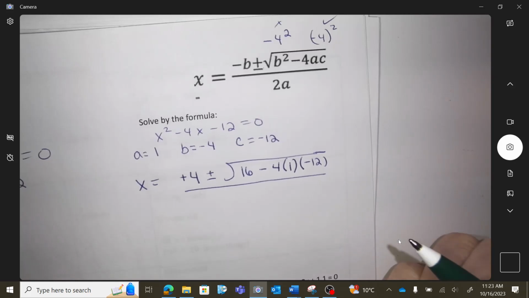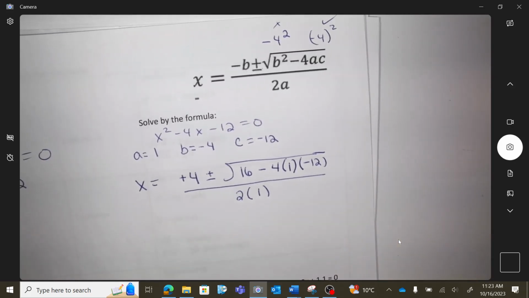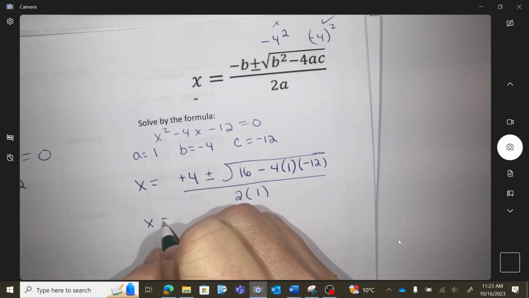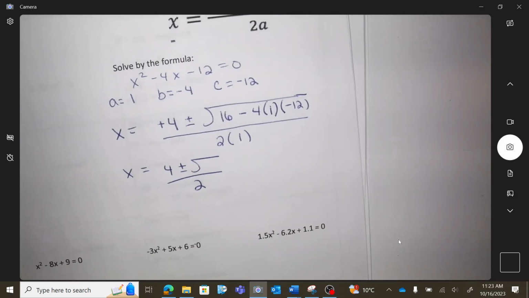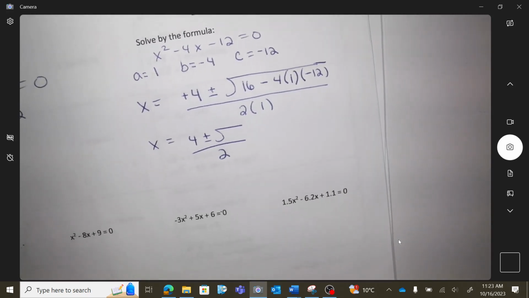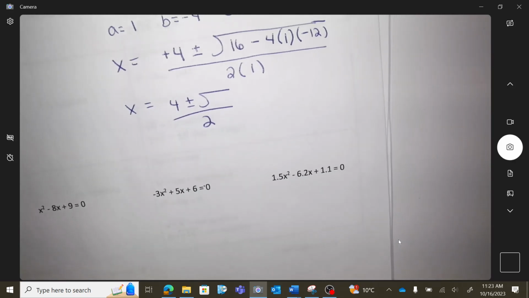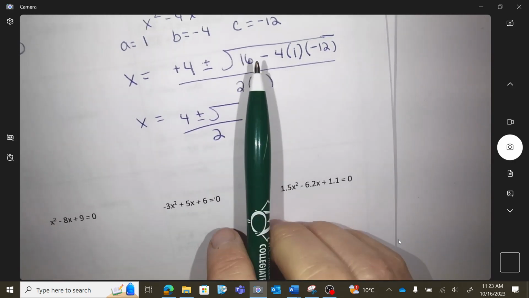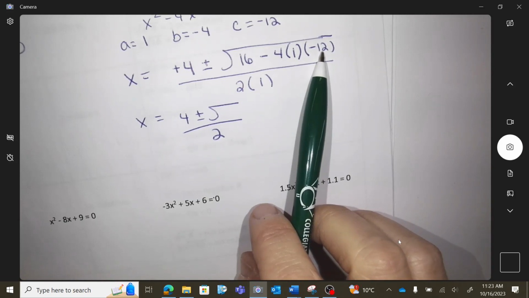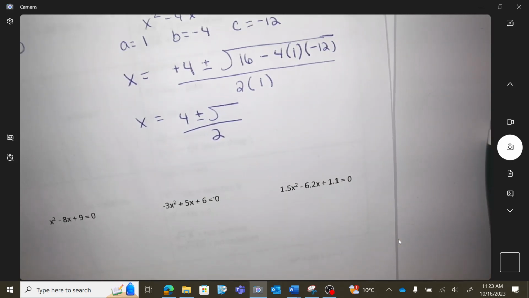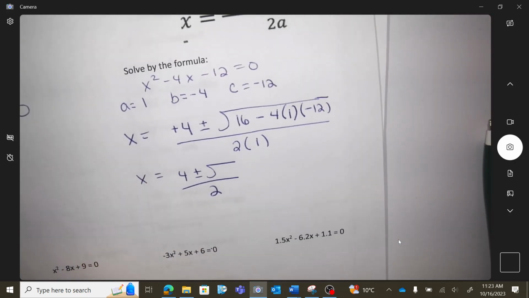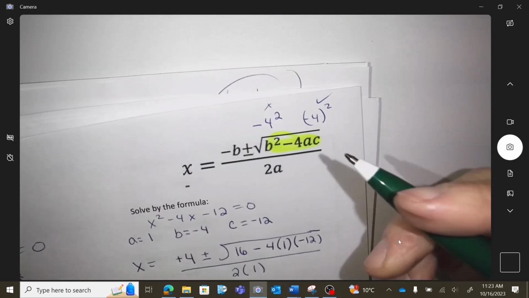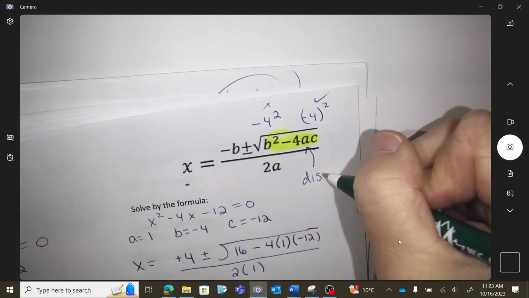All over 2 times the A number. Okay, so there's a 4, the bottom is 2, and then I'm going to use the square root symbol there, and then that's what we're going to figure out. So I need you to type me just this part, which we're going to later learn is called the discriminant. So just this part under there, that's called the discriminant.